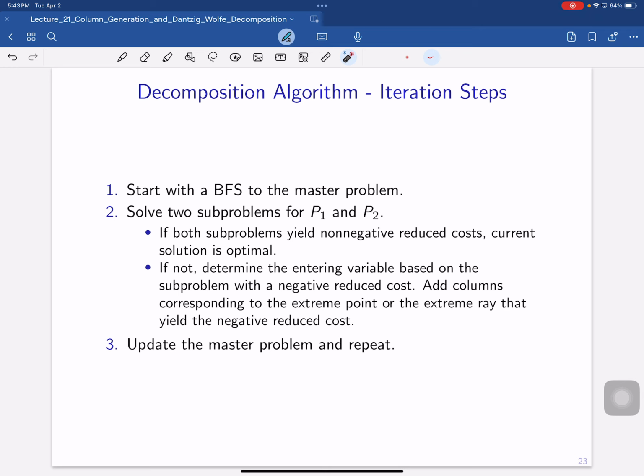Then you will get a different optimal basis, and you solve the subproblems to check optimality, and you keep iterating. Do you add an extreme point or extreme ray for each subproblem in each iteration? Yes, exactly. There might be some cases where one subproblem is optimal and the other is not, right? Then in that case, you only add one of those. So you keep repeating this procedure until the pricing problems always give you a non-negative reduced cost, and then you converge.